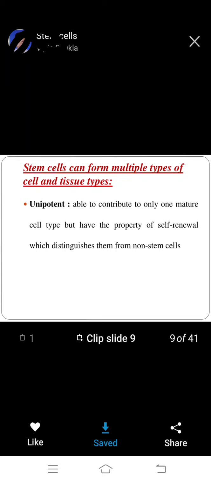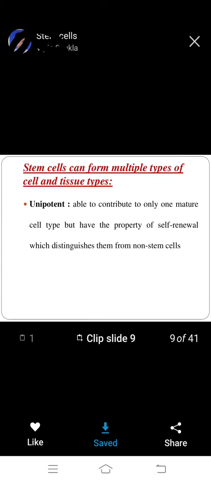Okay, unipotent. Uni means one. Unipotent stem cells are differentiated from multipotent cells, and give rise to a single modified cell type. They are able to contribute to only one mature cell type but have the property of self renewal.